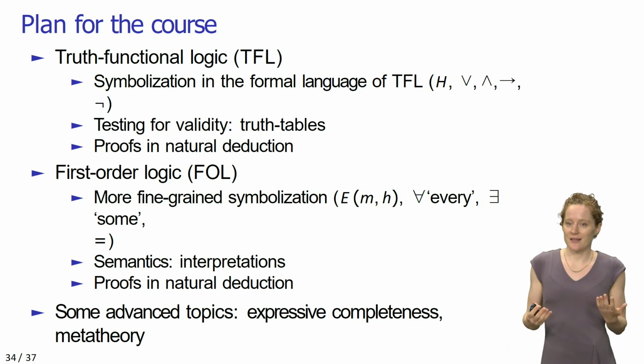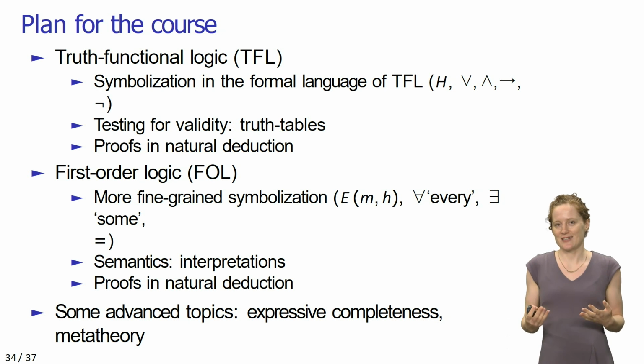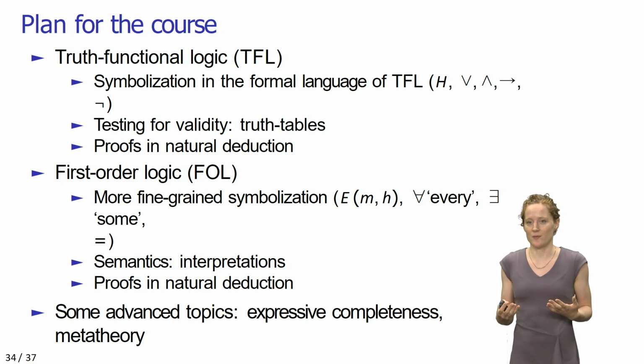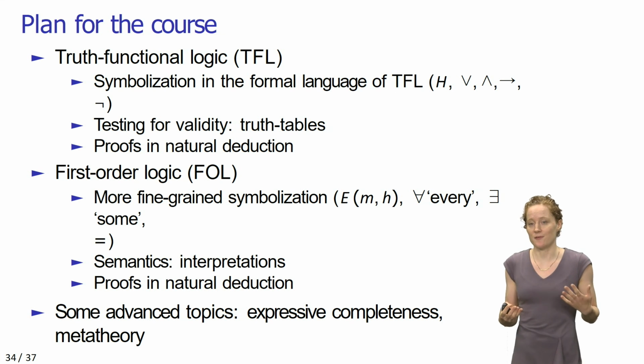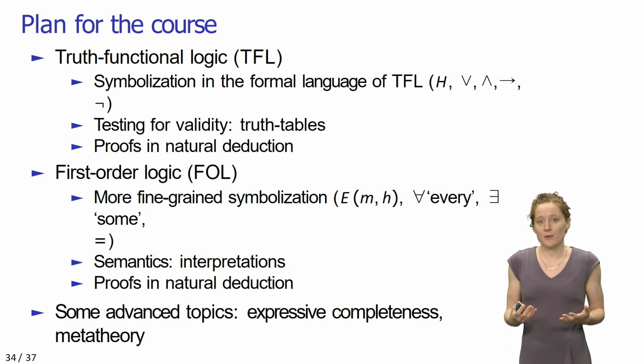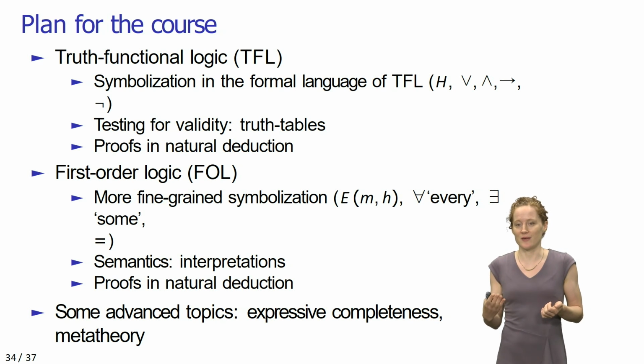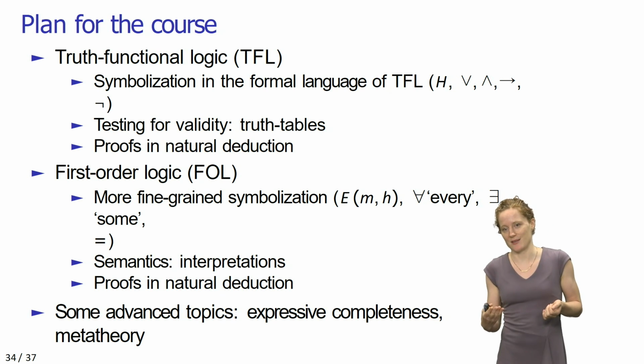And we are again going to study a natural deduction proof system that is going to allow us to develop proofs of FOL arguments. And along the way, we are also going to touch upon some advanced topics, including expressive completeness and meta theory.